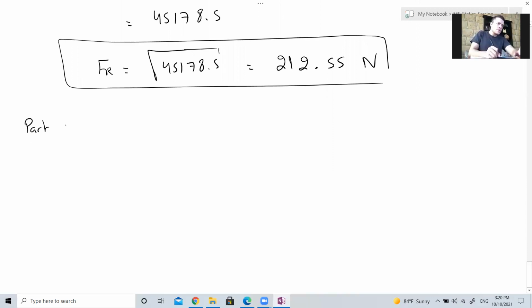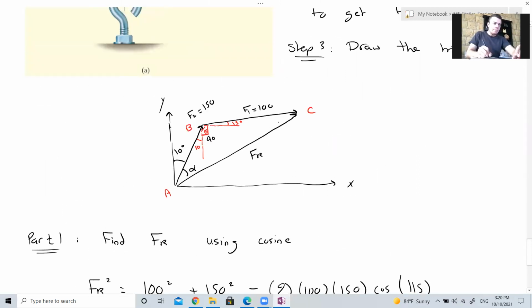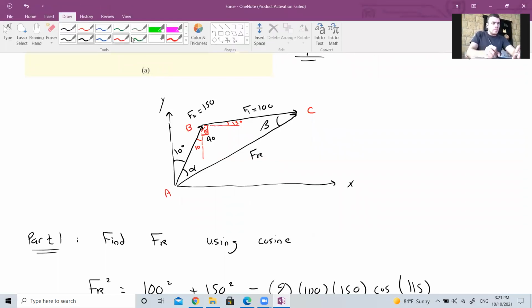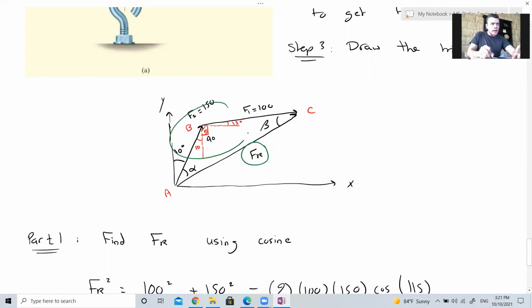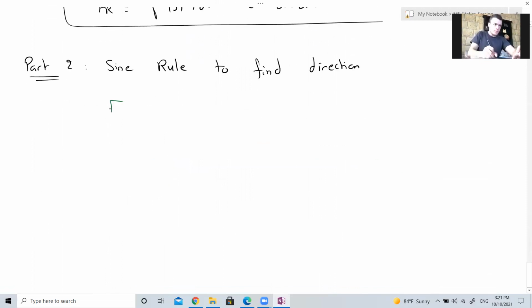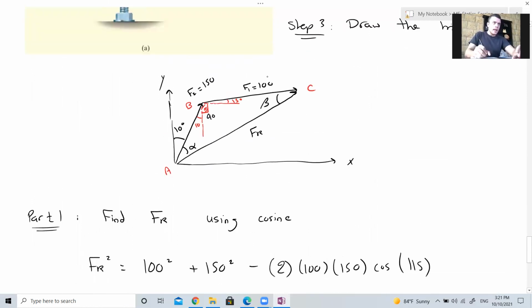How do we find the direction? With the sine rule, because we can find the angle. I'll call this angle alpha and this angle beta. We do FR over sin 115 equals F1 over sin alpha.